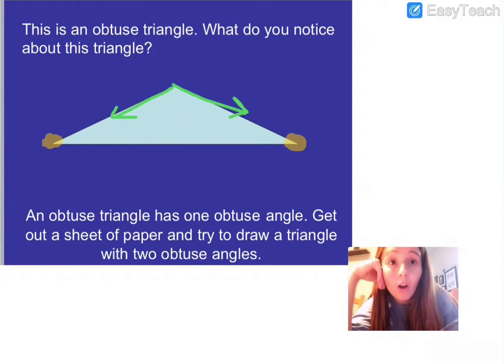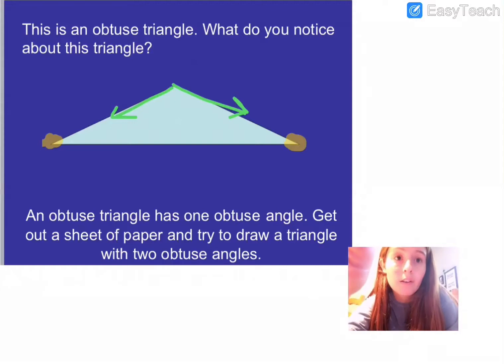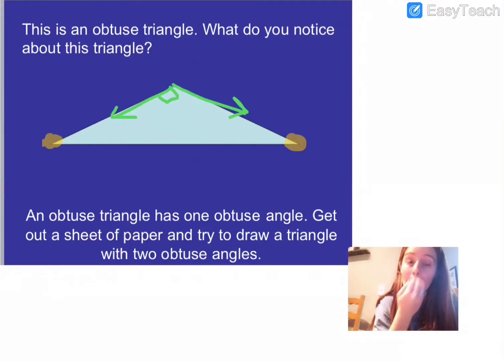It's going to be larger than our post-it note corner. Actually let me just draw it. If I try to put my box in here like that, you can see it extends longer than my box when I try to put those edges right next to each other. So it's an obtuse triangle because it has one obtuse angle, one angle that is larger or wider than the rest of them.